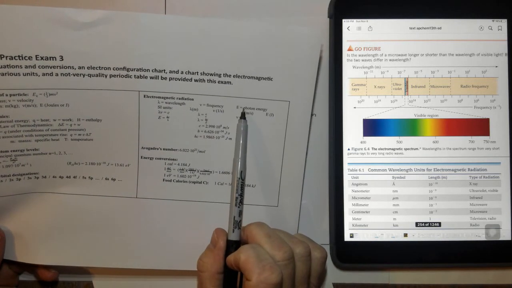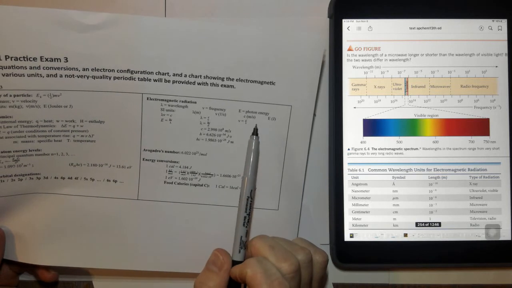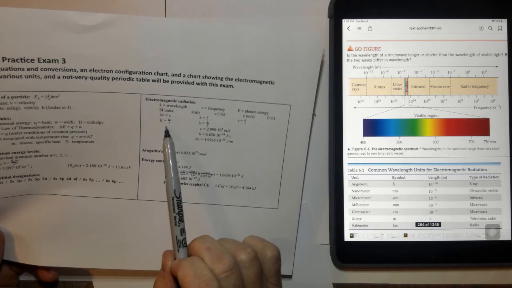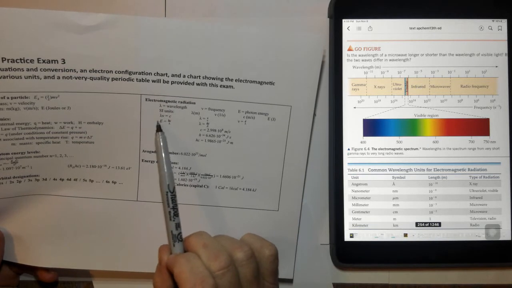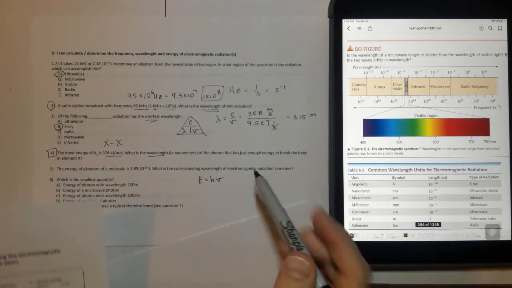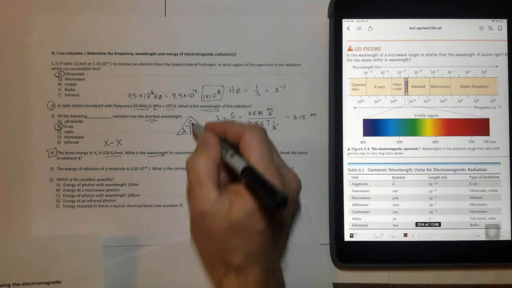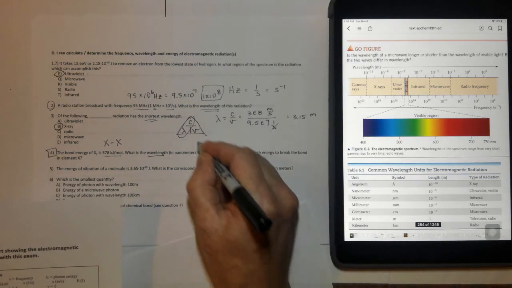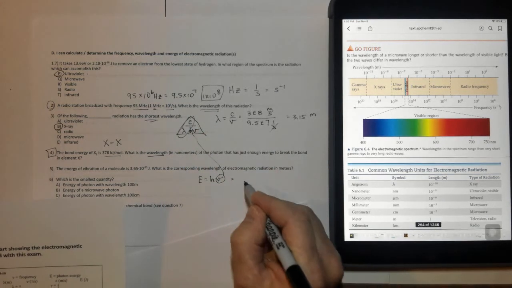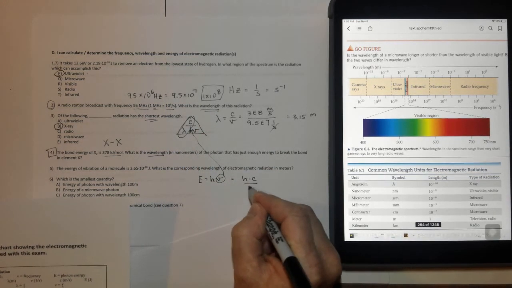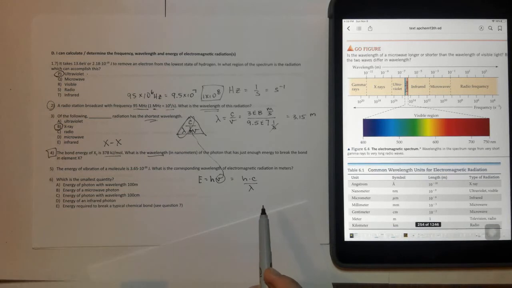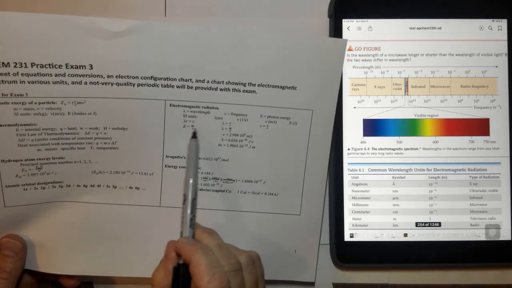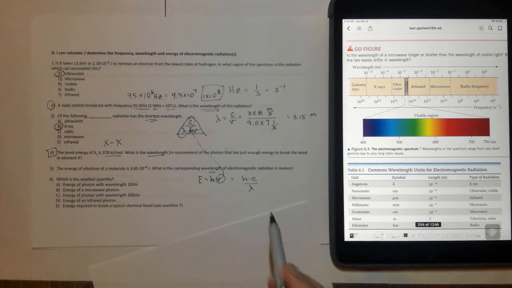Energy right here of a photon, and then they put it actually in the substituted form right here, hc over lambda, because of course nu right here is equal to c divided by lambda, and so if you replace nu with c divided by lambda, you end up with h times c divided by lambda, and that can be really handy because we're actually looking for the wavelength right here.